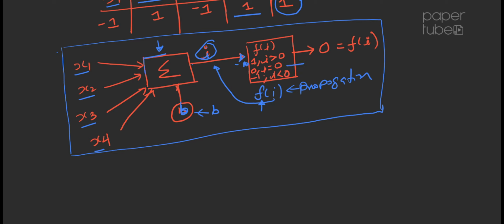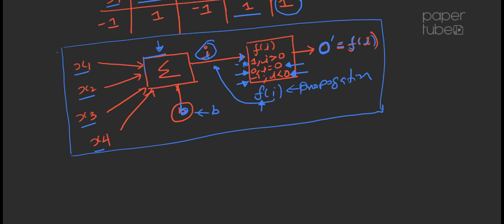If the I value is equal to 0, then it's going to fire an output value of 0. And if the net input I value is less than 0, then it's going to fire an output of minus 1. For the output from the propagation function, which itself is a function of I, we are going to use the symbol O for output.